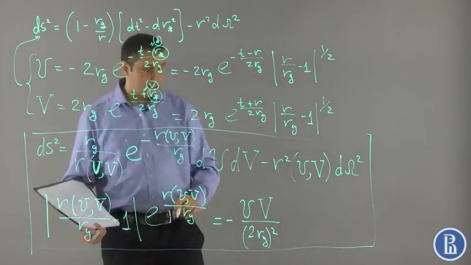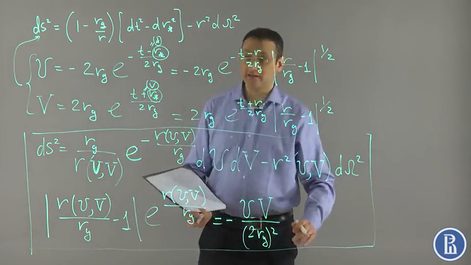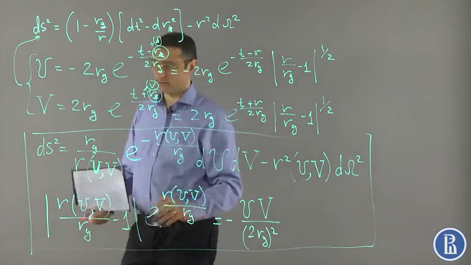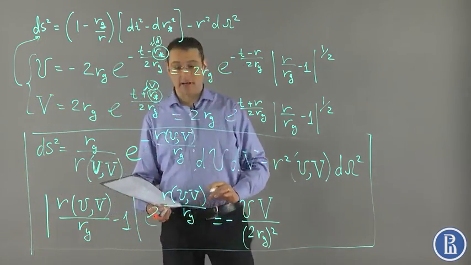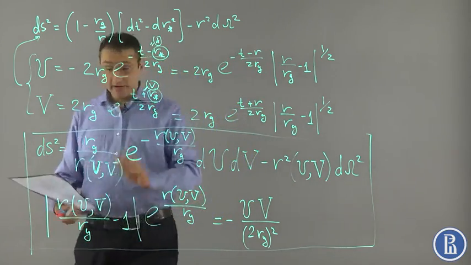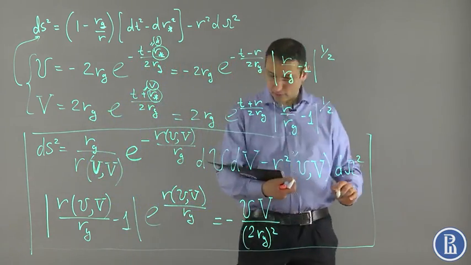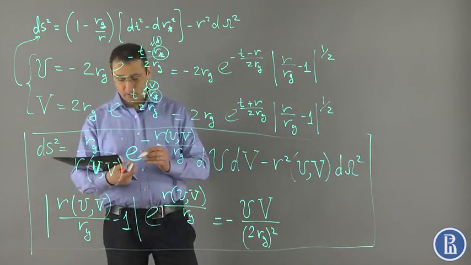So this metric doesn't have a singularity, and moreover, as I promised, without explanation, this metric covers the entire black hole space-time. So in these coordinates now we can do a conformal map to the Penrose-Carter diagram of the black hole.